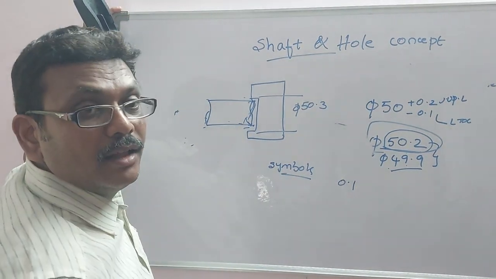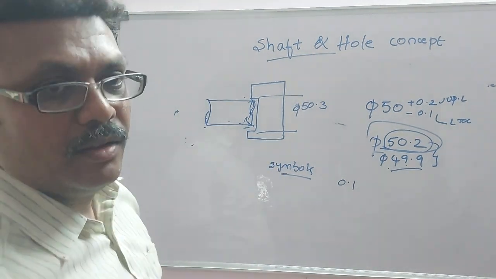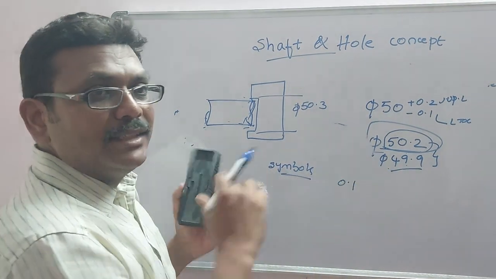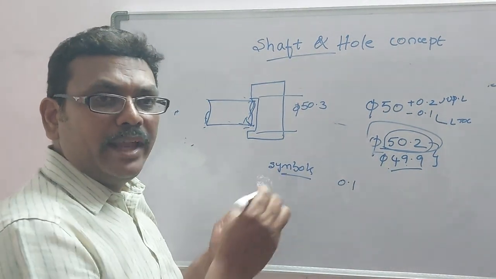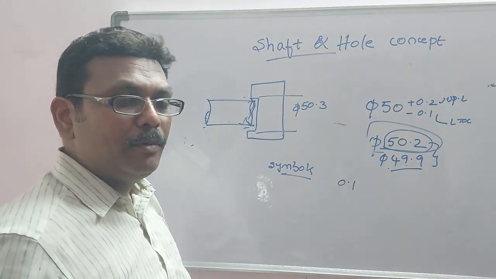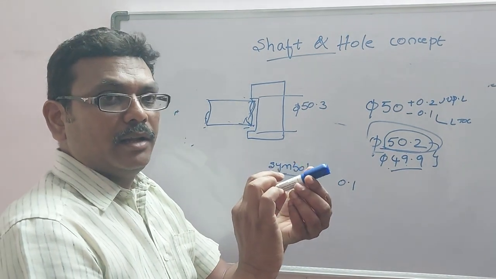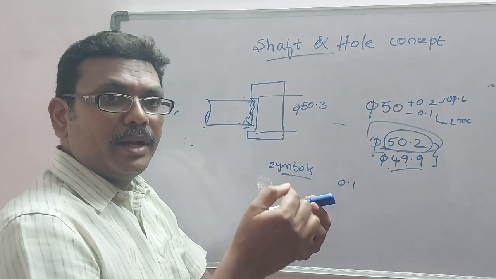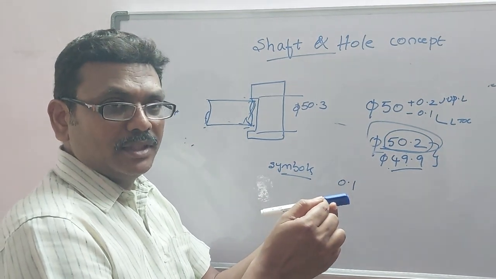Why do we need GD&T for assembly? Because after assembly, we need some set of joining processes. Joining process is nothing but making this component into it. We need some set of operations to perform in this joining process.